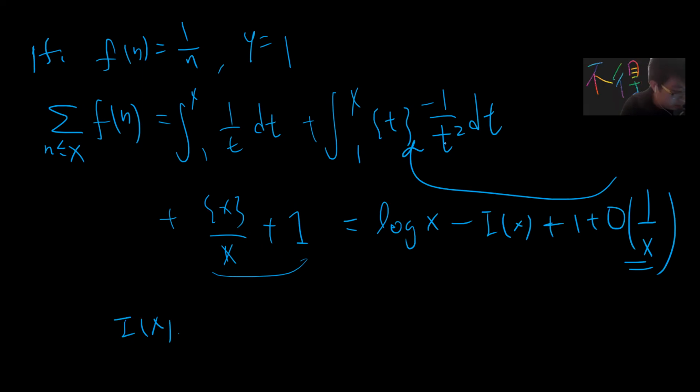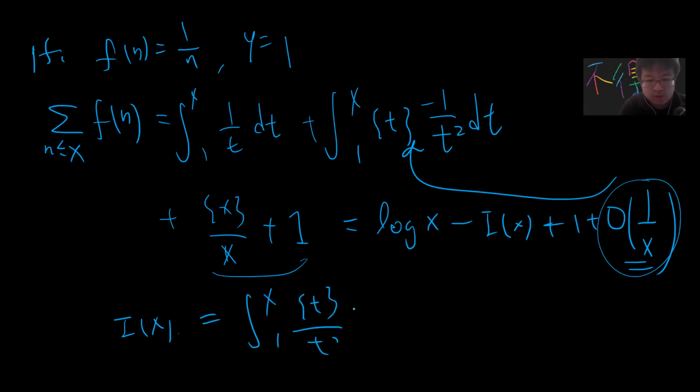Forget about this O of 1 over x for now. This can be bounded because the fractional part is at most 1, so when x is large it is bounded by O of 1 over x. Let me define I of x to be the integral from 1 to x of the fractional part of t over t squared dt.